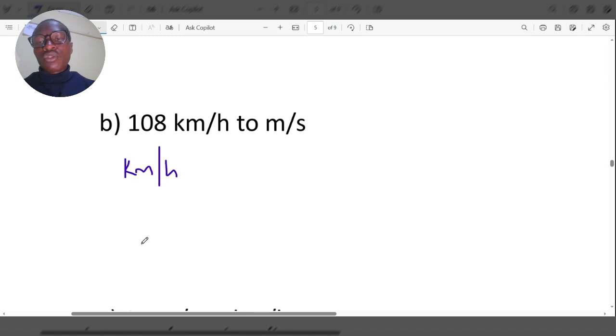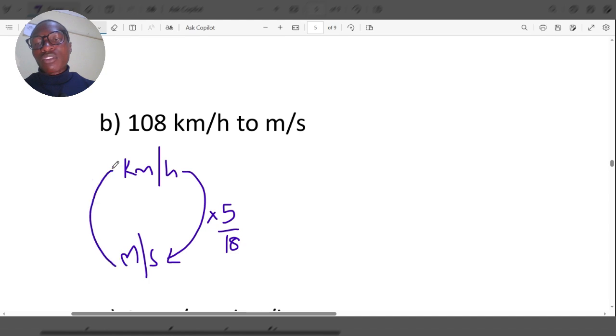So from kilometers per hour to meters per second, we multiply by 5/18. And from meters per second back to kilometers per hour, we multiply by the reciprocal, which is 18/5.